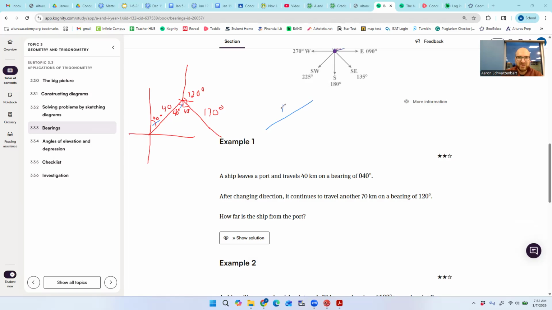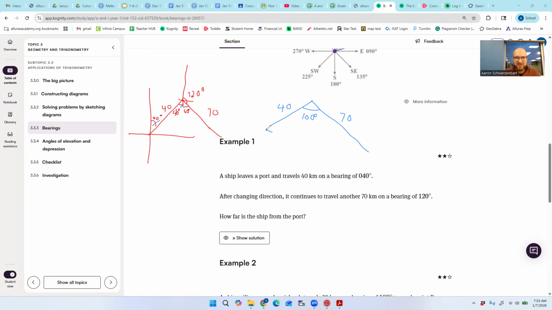So effectively, I've got a triangle with 40, 70. Why do I have a 1 in front of that? I don't know why there's a 1 there. It's not an angle either. This here is 100 degrees.